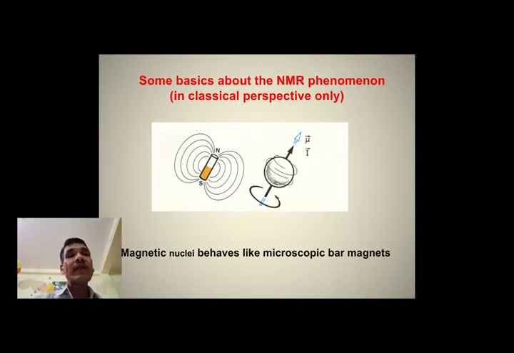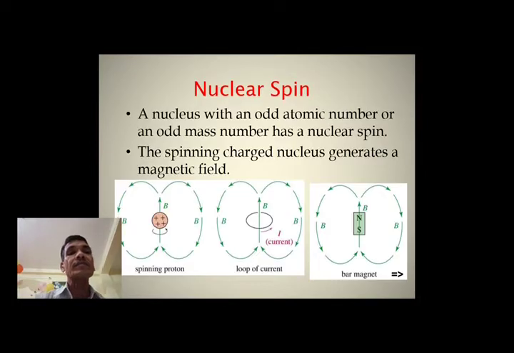Here, the microscopic bar magnet nature of a spinning nuclei is shown, which generates the magnetic moment. A nucleus with an odd atomic number or an odd atomic mass number has a nuclear spin, and the spinning charged nucleus generates a magnetic field.